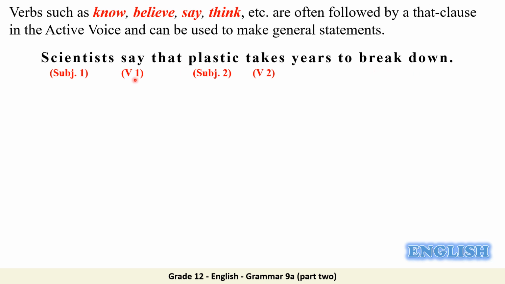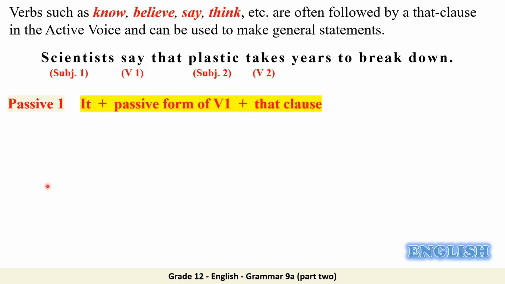How can we change such a general statement, a general sentence, into passive? Here is how. We have two ways indeed. We can start with it. We can use the pronoun it to start our passive construction with, followed by the passive form. Passive form of what? Of the first verb, the introductory verb, or the main verb?